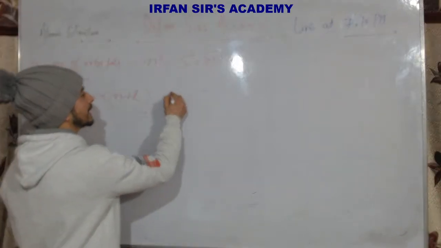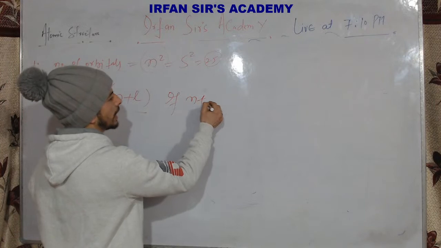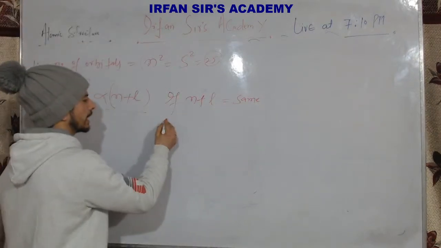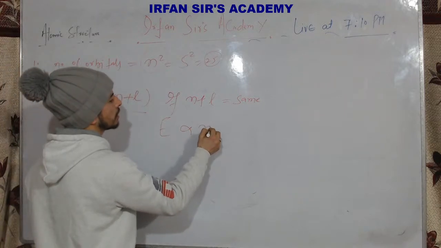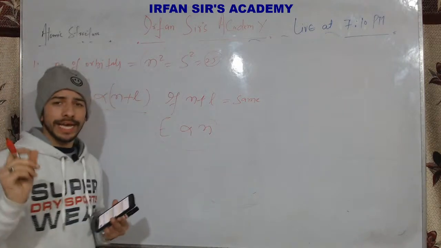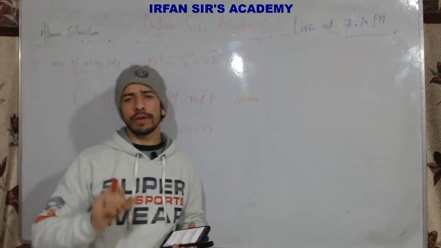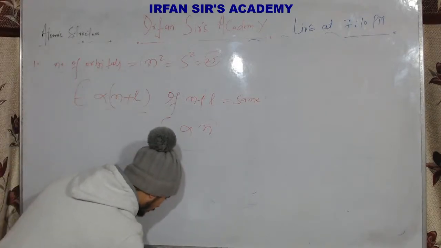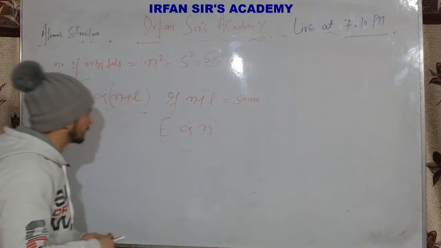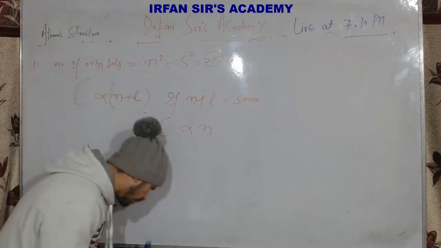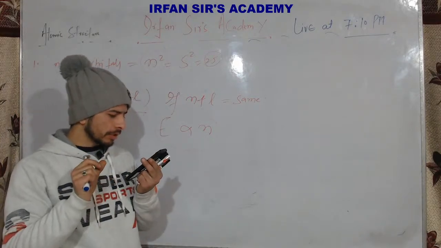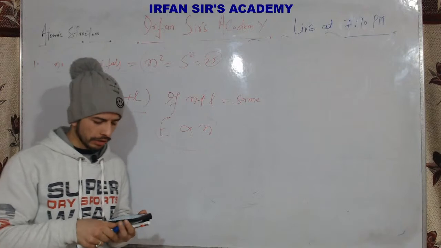If n plus L is the same, the energy is directly proportional to the value of n. The one which has the highest value of n will have the highest energy. Now what will be the answer? For the first, n equal to 4, L equal to 2, m equal to -2. We don't have to bother about the value of ml and ms. Ms is the spin quantum number, ml is the magnetic quantum number.